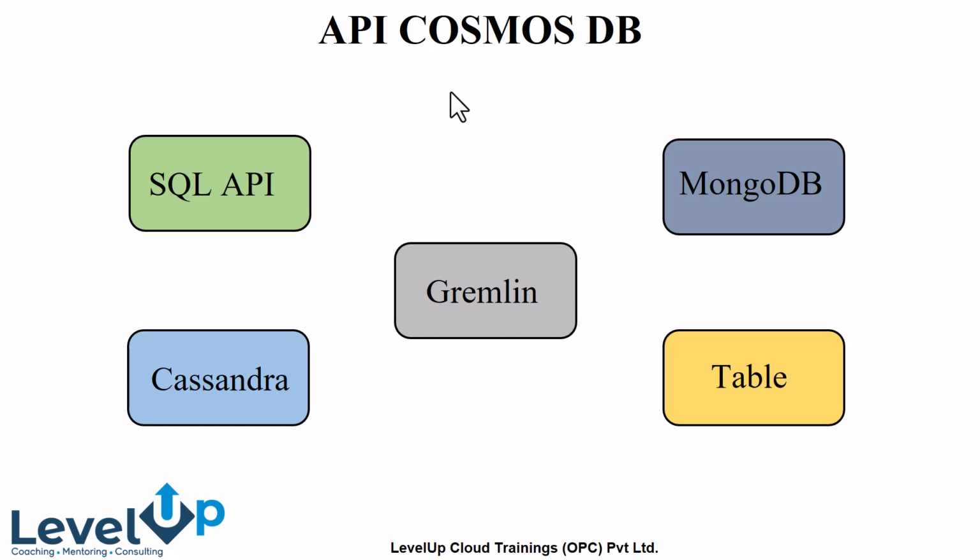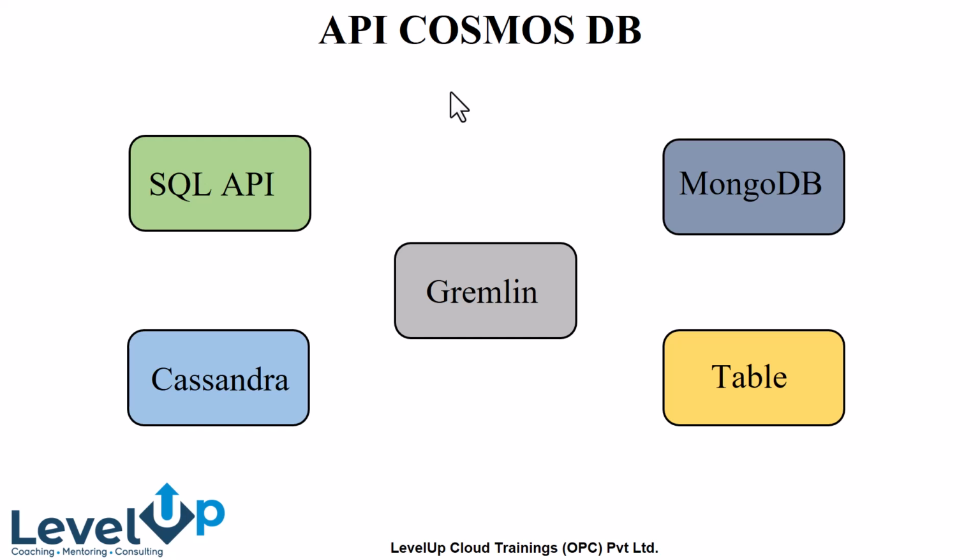It is very important that we choose the API when we are creating a Cosmos DB. When creating a Cosmos DB, you have to mention whether you want to work with SQL API, MongoDB API, Postgre API, Table, Cassandra API, etc. Because once you choose an API, you cannot change that. You have to go and create a new Cosmos DB, right?